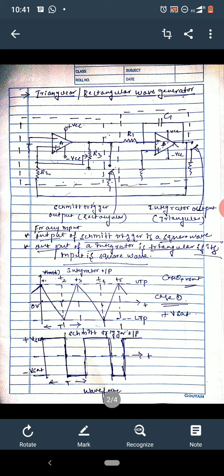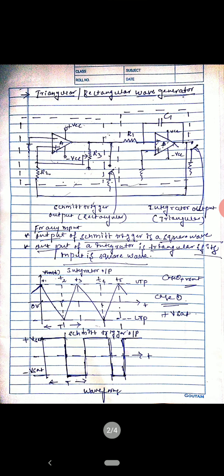Now furthermore, if you want to describe the diagram, the Schmitt trigger block includes op-amp A and the integrator block includes op-amp B. The op-amp A negative terminal is grounded and the positive terminal is given the input through resistor divider circuit R2 and R3.